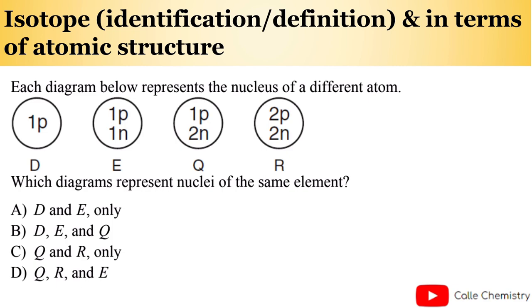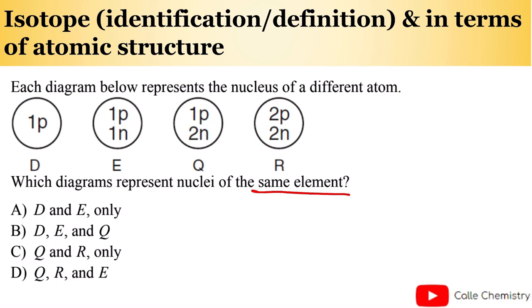So, which of these represents nuclei of the same element? Same element, meaning the number of protons need to be the same. So I see D has 1 proton, E has 1 proton, and Q has 1 proton. R has 2 protons, so I'm going to cross out R. R is not one of my answers.